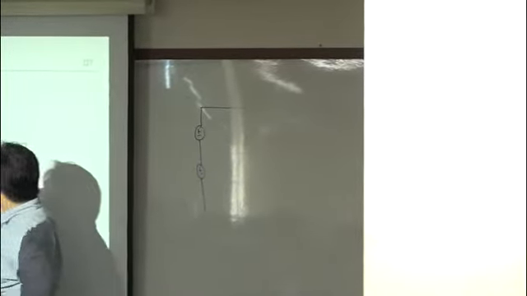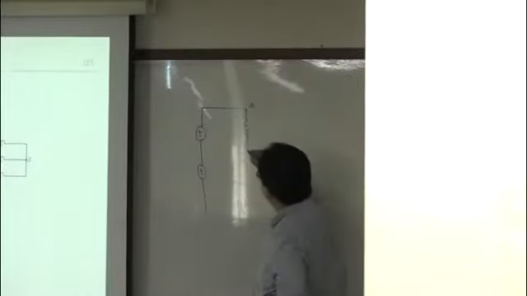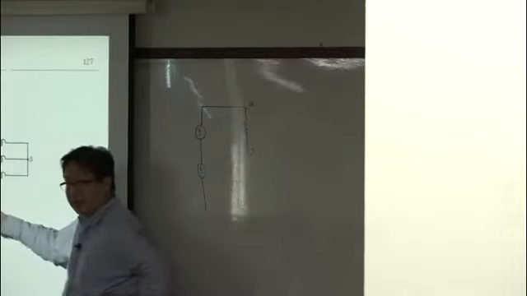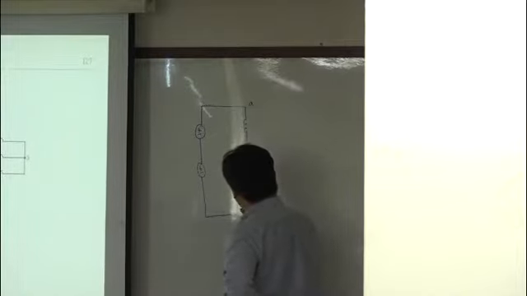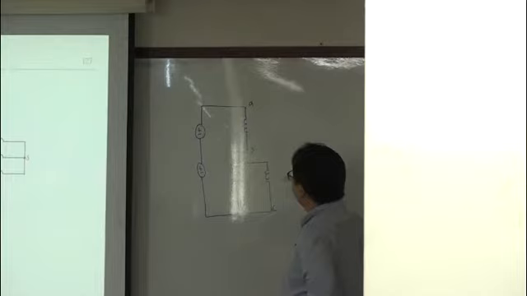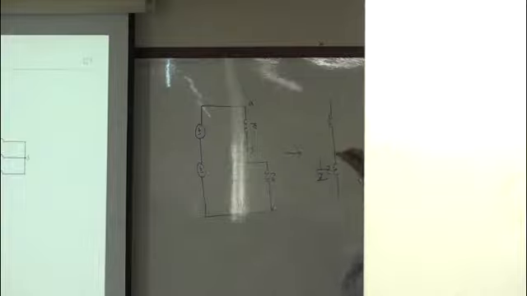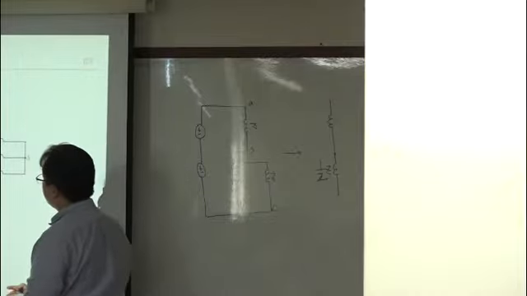Point A, point S, then point B, point C. Then if you have the same impedance, right? So, in this case, your VAS is what?